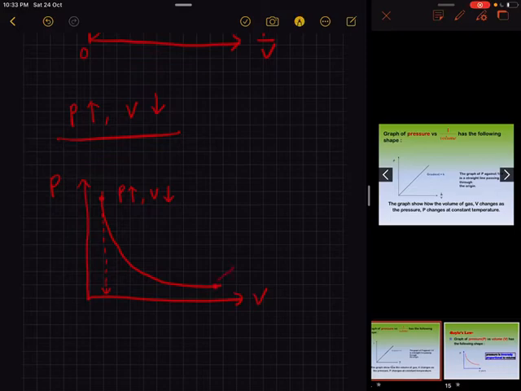Okay, so untuk this point, when P is lower, the V here is higher. Okay, so this graph can show you the hubungan between pressure and volume according to Boyle's law clearly. Di mana hubungan antara pressure dengan volume adalah inversely proportional.